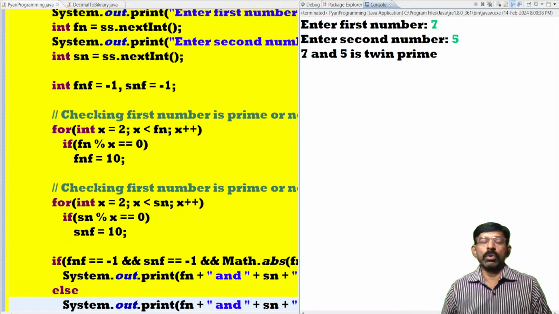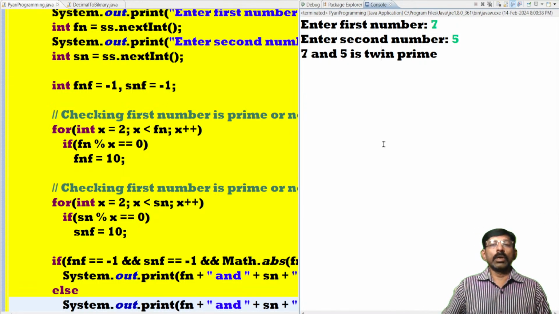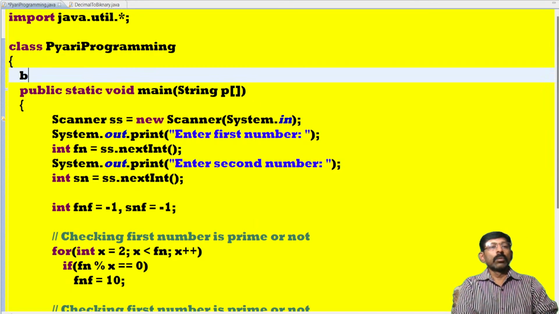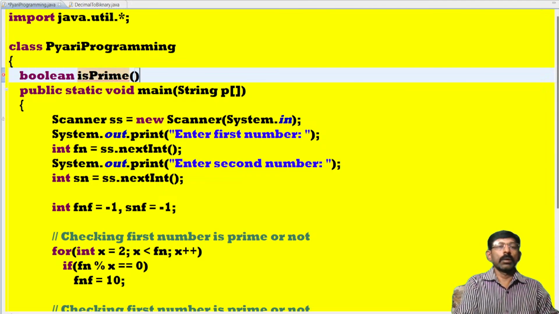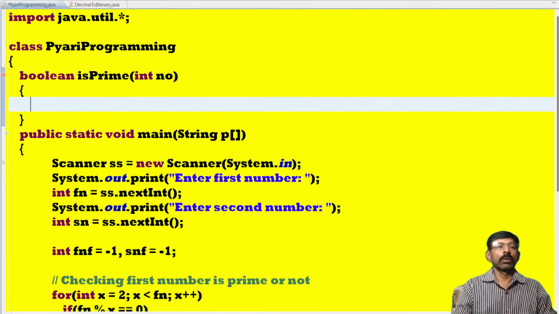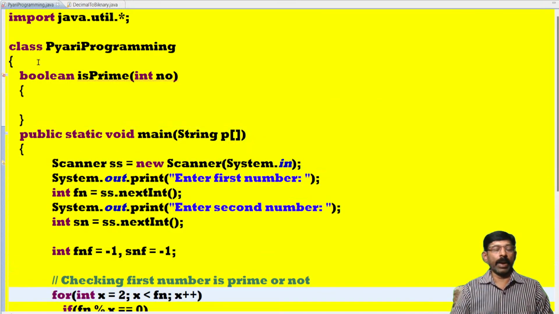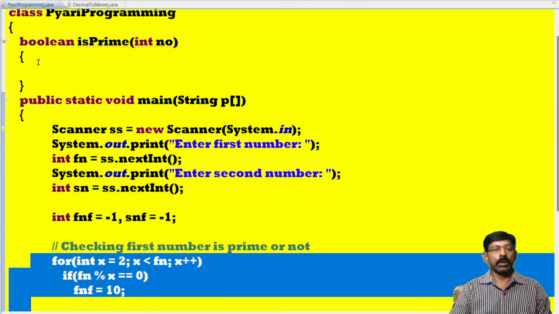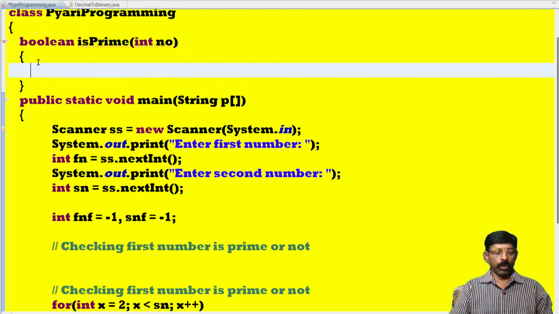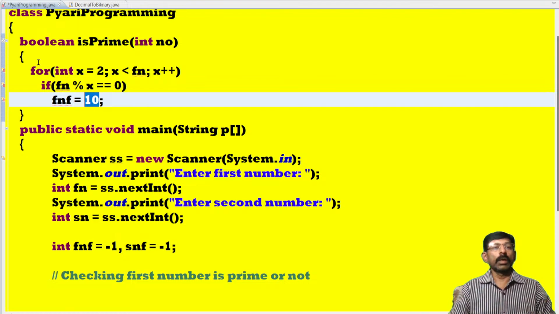Yes, sir, sure, okay. So here we'll take a method, boolean isPrime, int no, inside which I will apply the prime number logic, simply this one. I'm just removing this and putting it over here. And here I'm saying if it is divisible, return false.